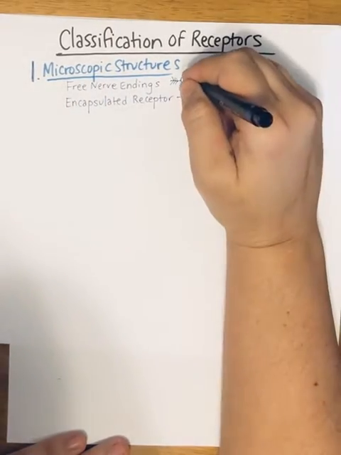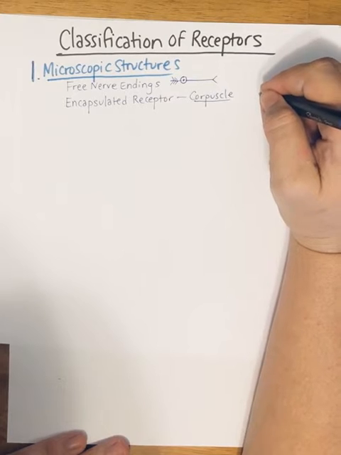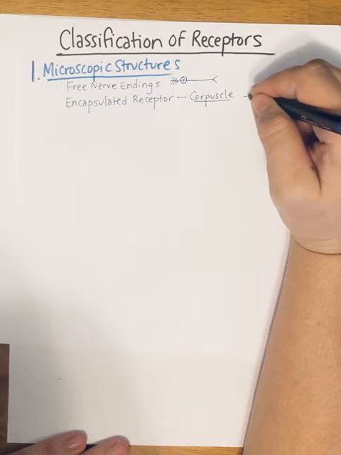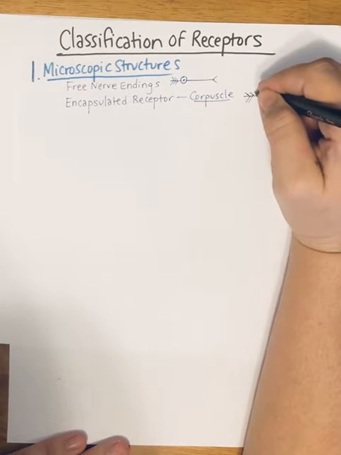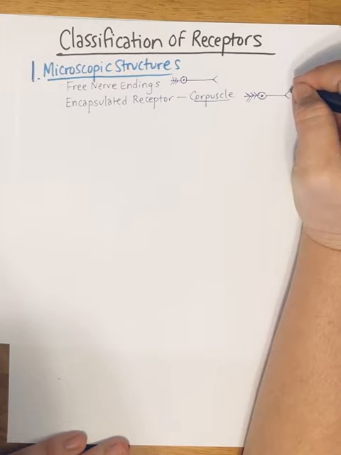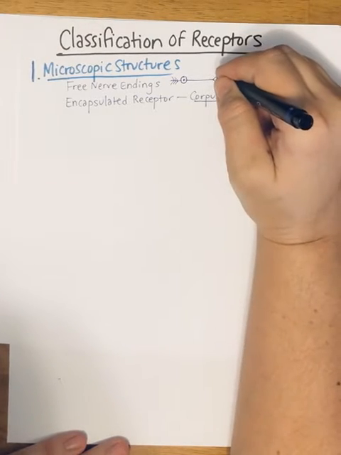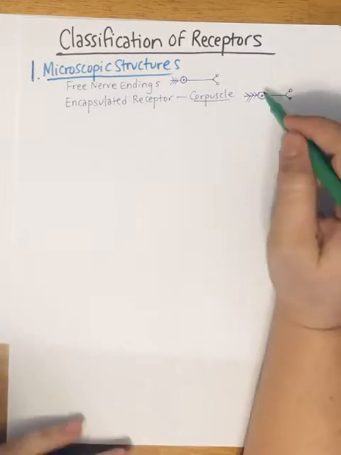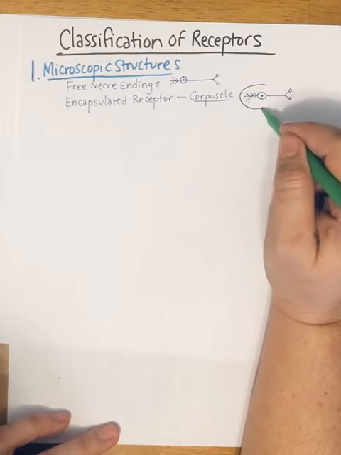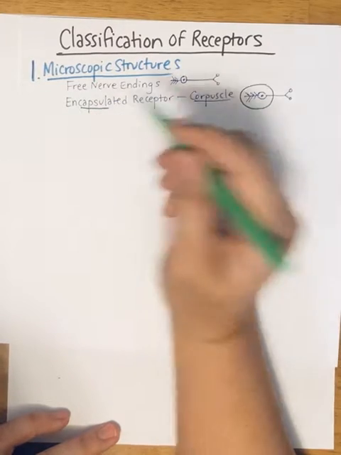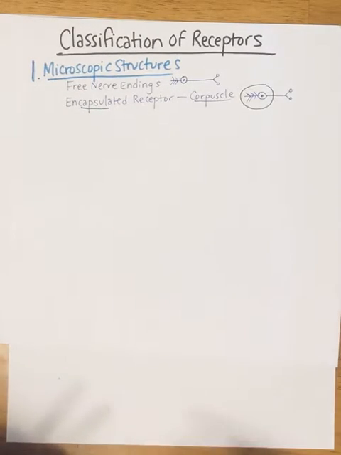So you could have the same type of neuron. I'm using bipolar as my example. Bipolar neurons. Now, encapsulated basically means that it's got a capsule around it, especially around the dendrites. That's the capsule. Encapsulated. There's a capsule surrounding it. We call that a corpuscle.